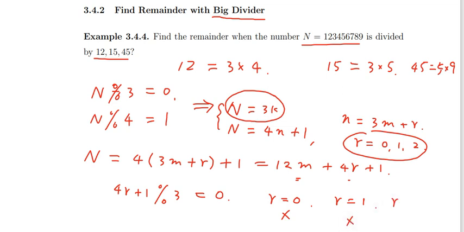Then how about r equals 2? We find 4r is 8, 8 plus 1 is 9. 9 divided by 3, remainder is 0. So this is okay. So we know this r should be 2. Okay, so we can find n equals 12m plus 9. So this number divided by 12, remainder is 9.